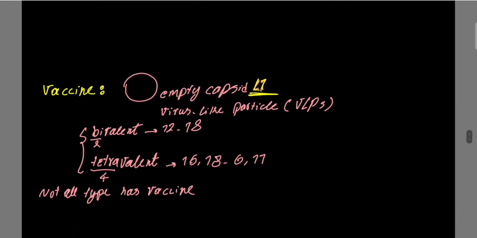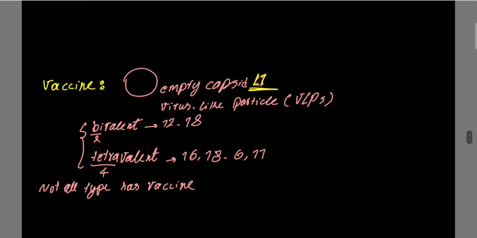And for the vaccine, first of all, we have to know that not all of the genotypes have a vaccine. But for the vaccine we are using the empty capsid of this virus, which is called virus-like particle, or VLP. The capsid, we said, is made of L1 and L2, but we are using L1 as the empty capsid, or VLP.